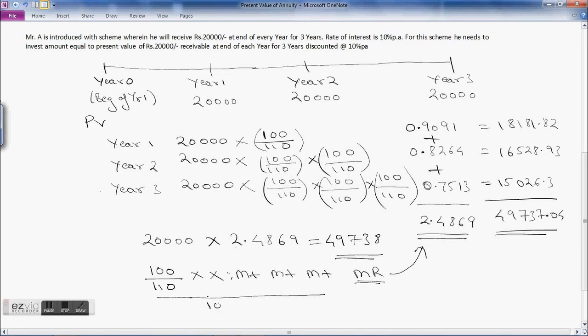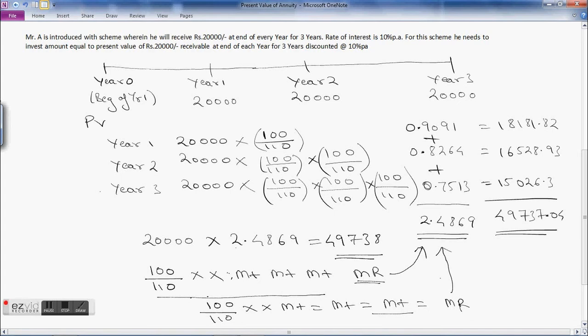Else there is one more method: 100 by 110 into M plus equal to, M plus equal to, M plus equal to, and then finally MR. Either your calculator will work in this way or that way. See which method is suitable for your calculator, cross check it with this, and then accordingly put it in your calculator and find out the value.